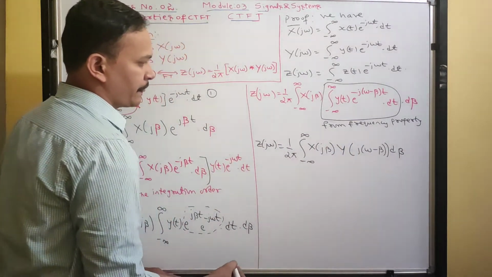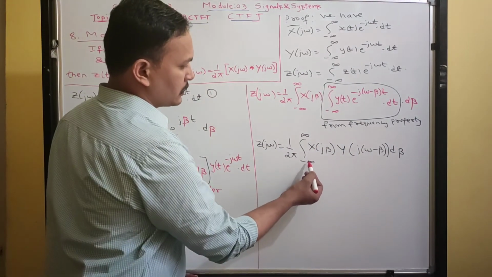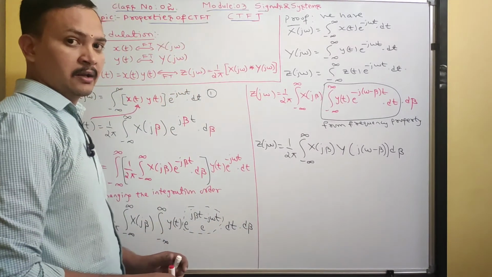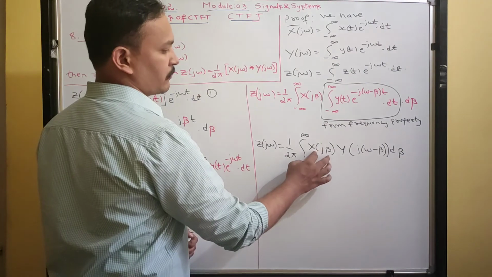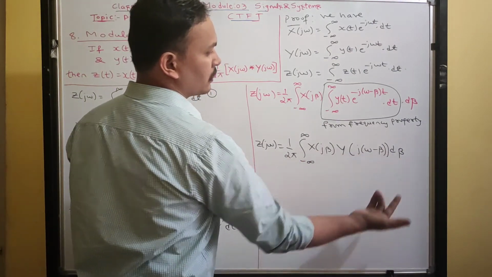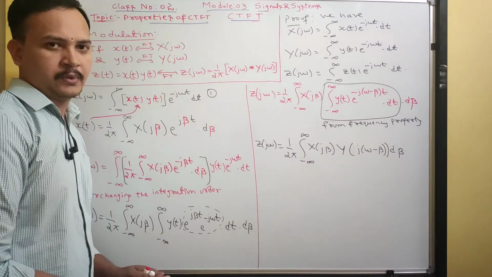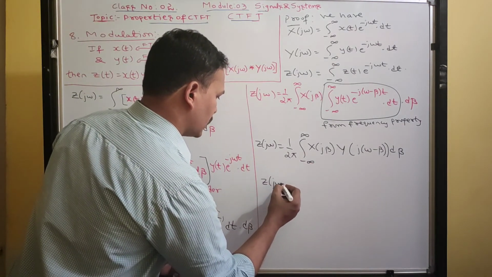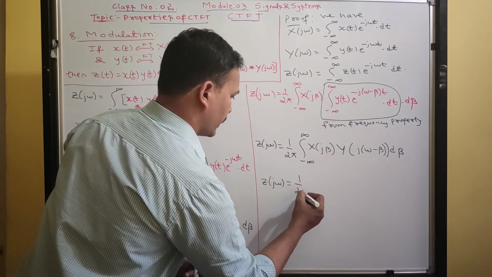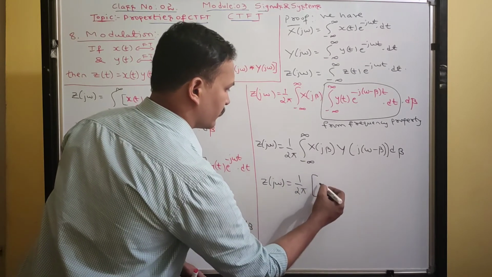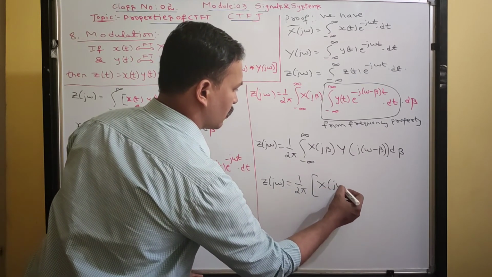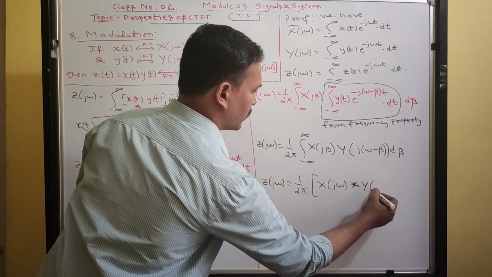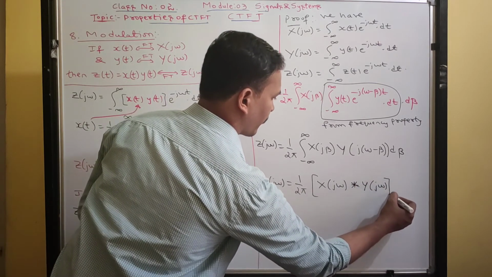Now further, look here. Now it is in the form of convolution. The convolution integral formula is what? Integral of x of tau into y of t minus tau into d tau. It is in that form. So therefore we can write z of j omega as 1 by 2 pi within the bracket, x of j omega convolution y of j omega.